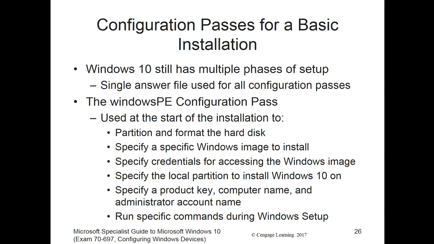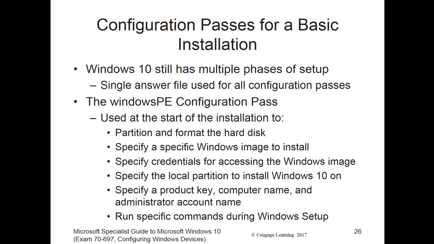Now, Windows 10 still has multiple phases of setup. A single answer file is used for all configuration passes. The Windows PE configuration pass is used at the start of the installation to partition and format the hard disk.